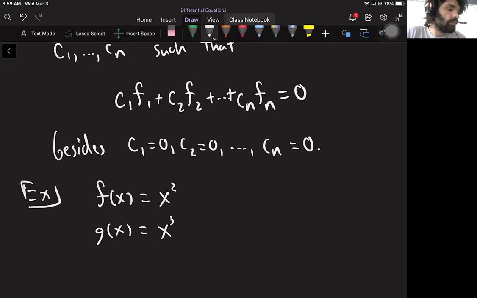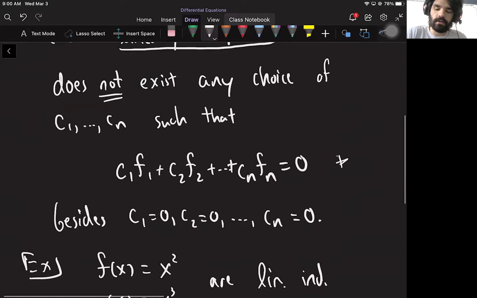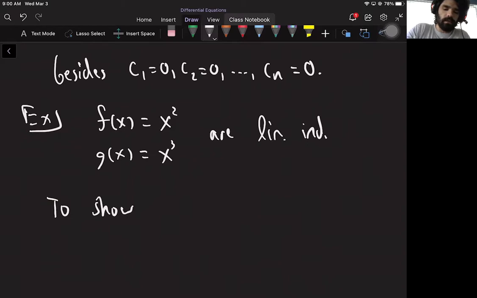Okay, so these are linearly independent, and what that really means for 2 functions is that they're not multiples of each other, but we want to use our fancy new definition instead. Think about it that way. So to show that they're linearly independent means I've got to try to build 0 as a linear combination.